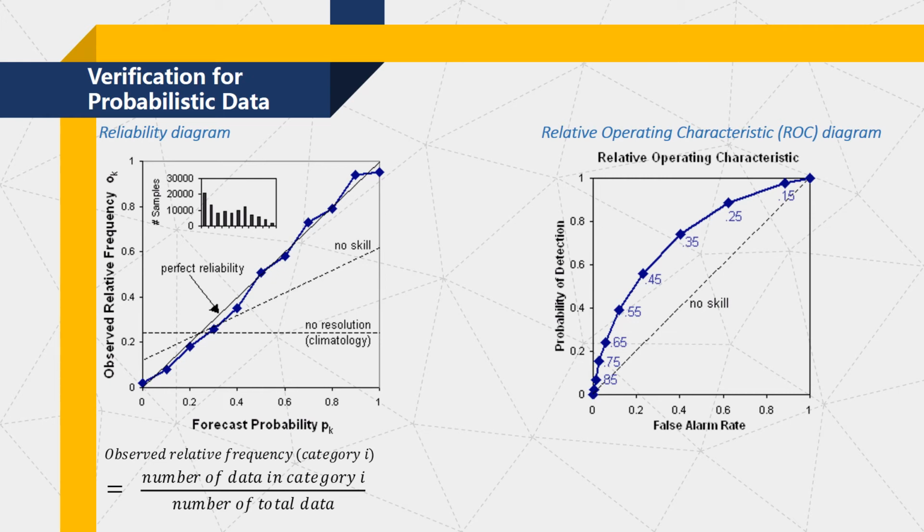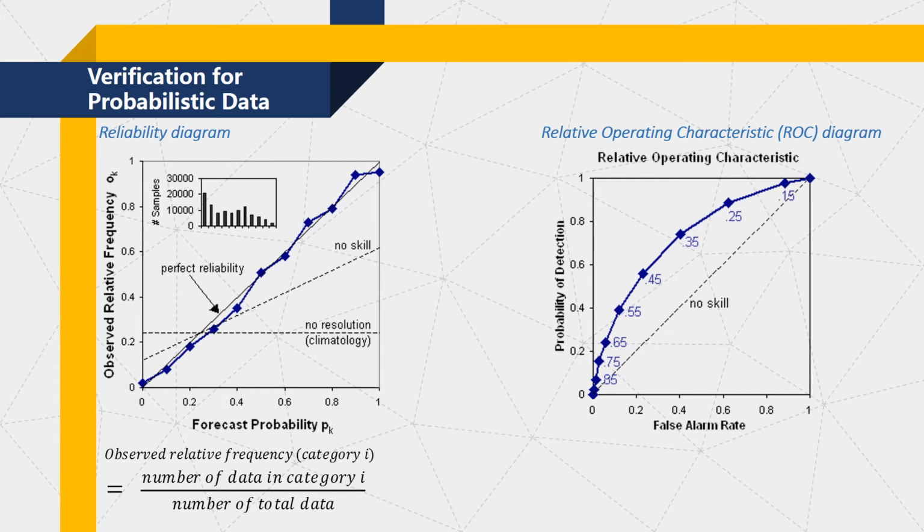The reliability diagram uses observed relative frequency for the vertical axis and forecast probability for the horizontal axis. The observed relative frequency and forecast probability are distinguished into several categories or k-bins.